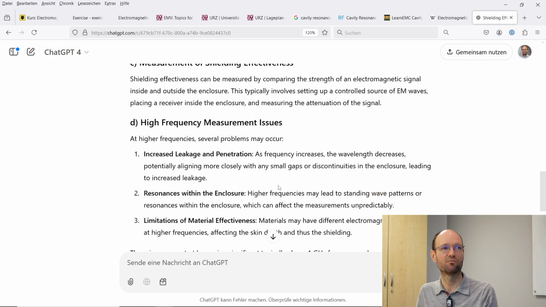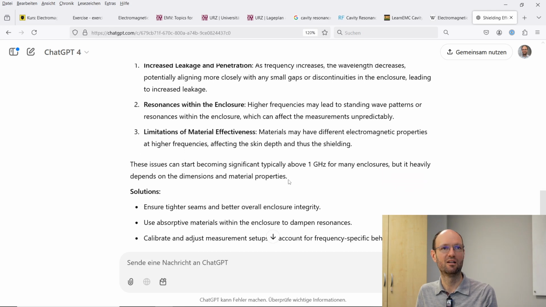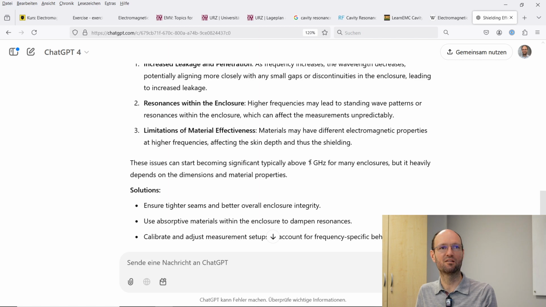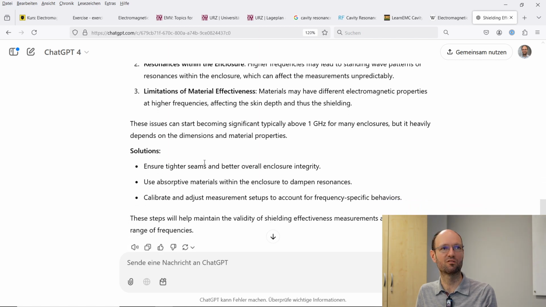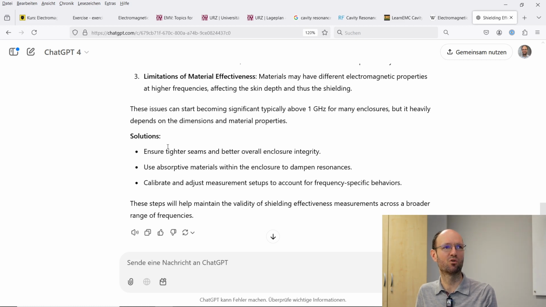Okay, not too bad. So then problems at higher frequencies, increased leakage and penetration. Okay, because this will limit the shielding efficiency, and then we have resonances inside the enclosure and limitations of material effectiveness. And okay, it says above 1 gigahertz, these problems or these resonances, these issues can be a problem.